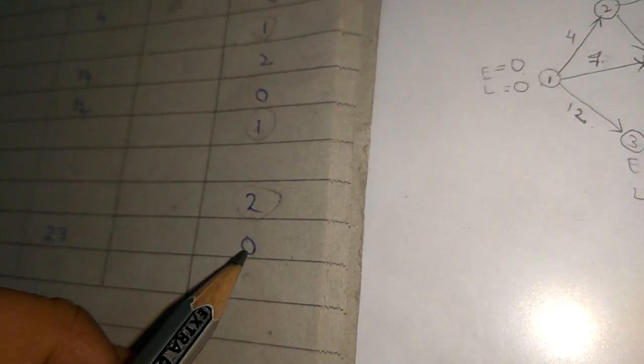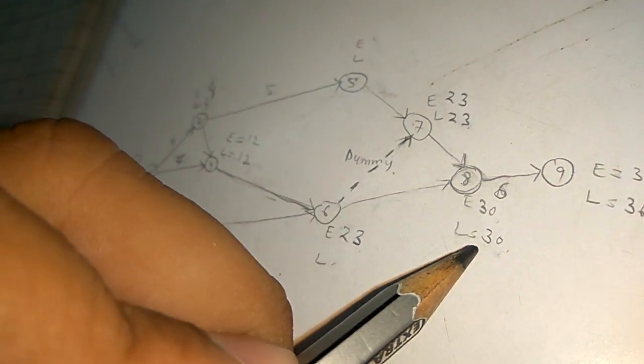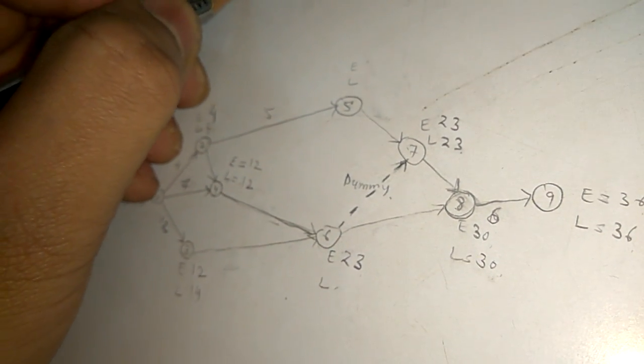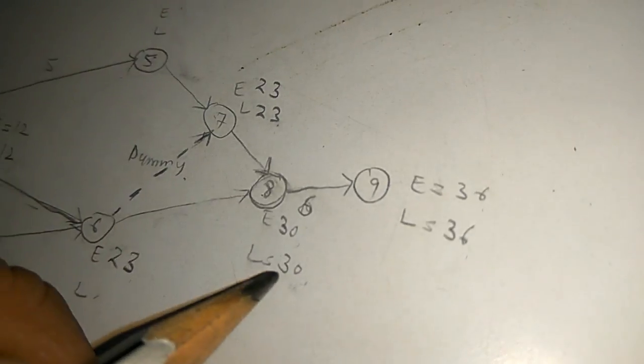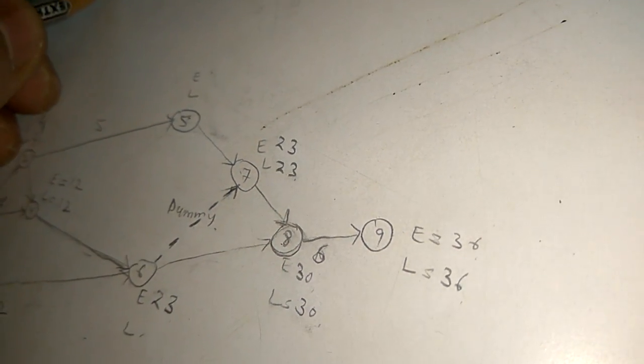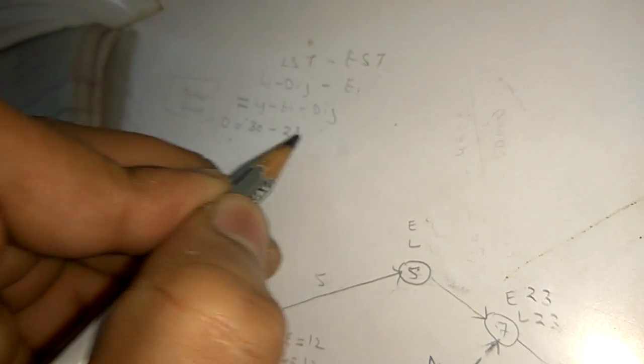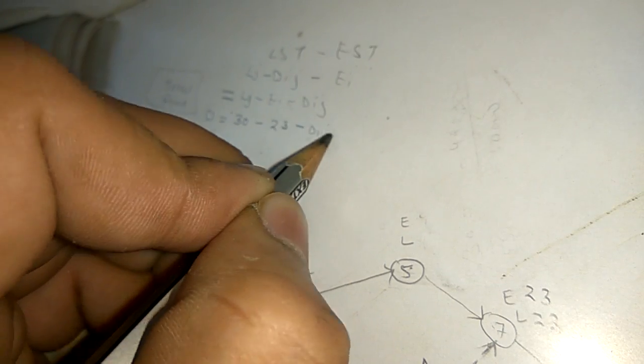Between 7 to 8, the total float is 0, so we can put this value in a formula. 0 equals Lj between 7 to 8, Lj is 30, minus Ei, 23, minus Dij.